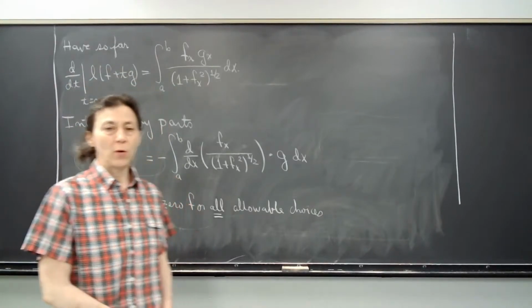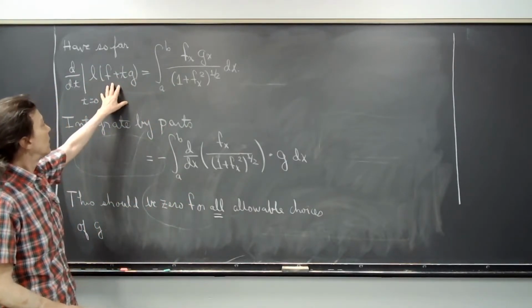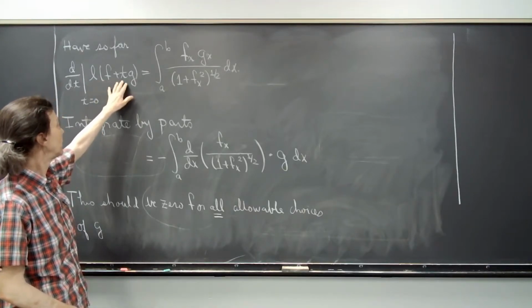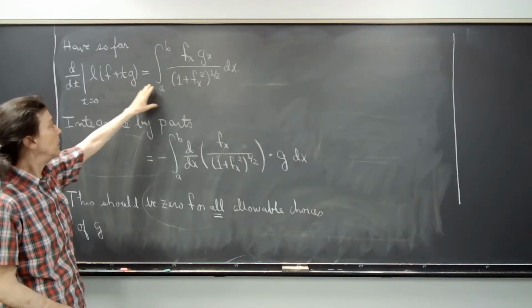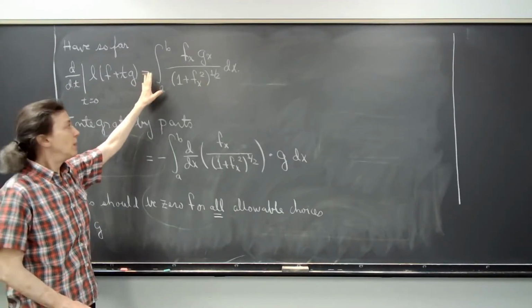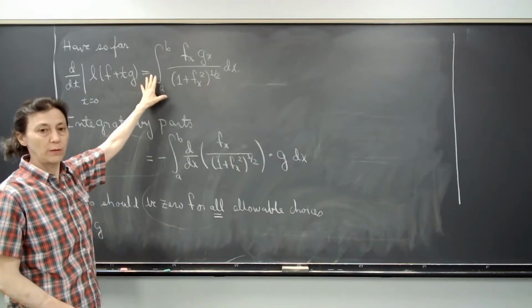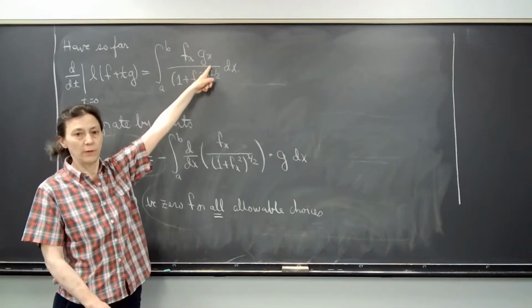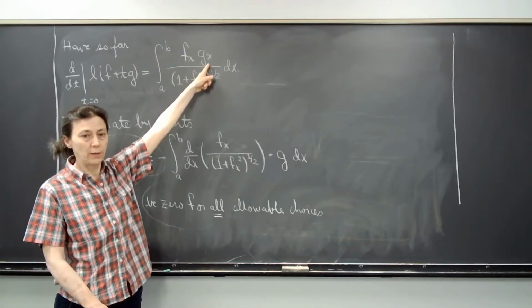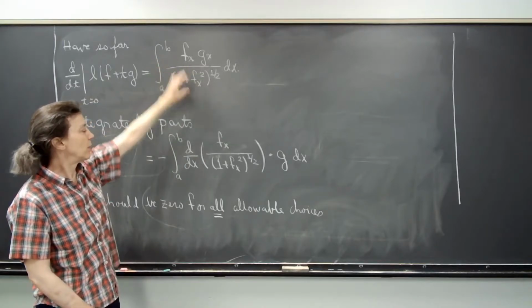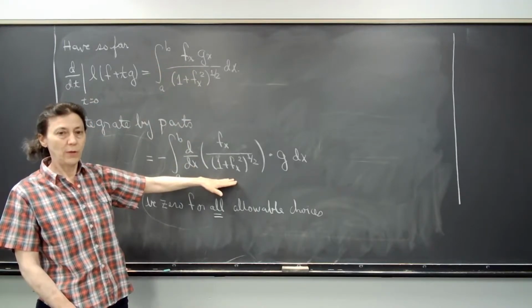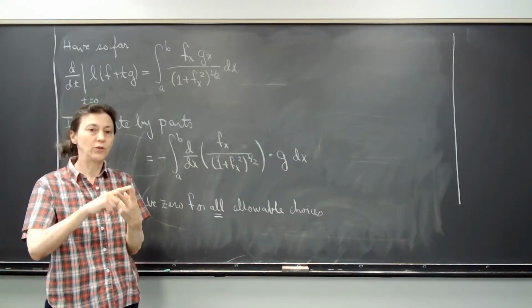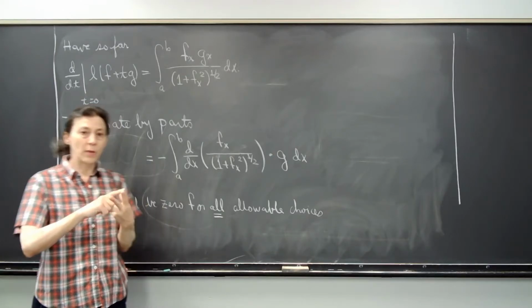What we had a moment ago, we had gotten this far, that the derivative of the length of this new curve f plus tg with respect to t is equal to this integral. Now you're going to use integration by parts, when you move the derivative off of g and onto everything else. This is what you get. So far I've used in two places the fact that g is 0 at both a and b.